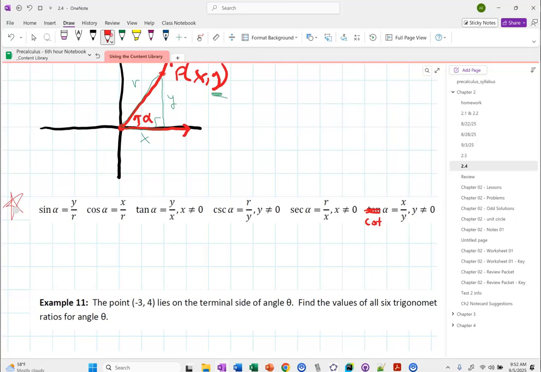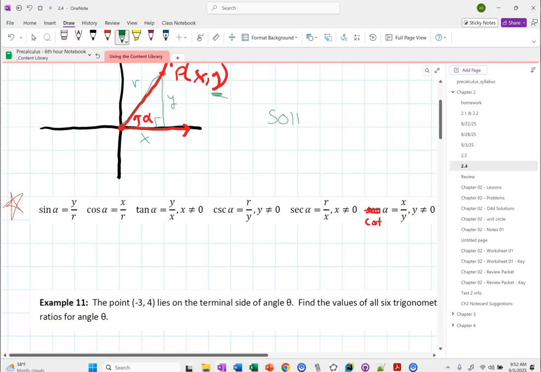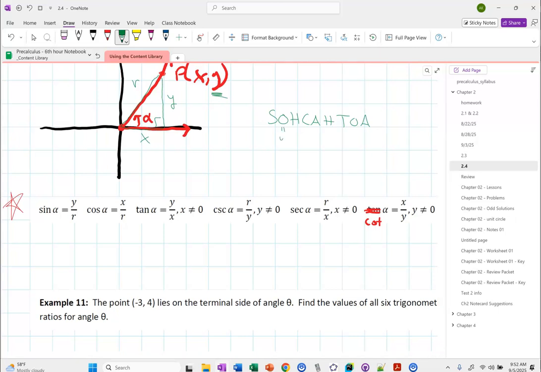Now, if you're clever, if you look at this, you're like, Mr. Kulik, okay, I could write that down, sure, and maybe I will. But isn't this just SOHCAHTOA where you've replaced O with Y, H with R, and A with X? I mean, yes, observant student, of course.